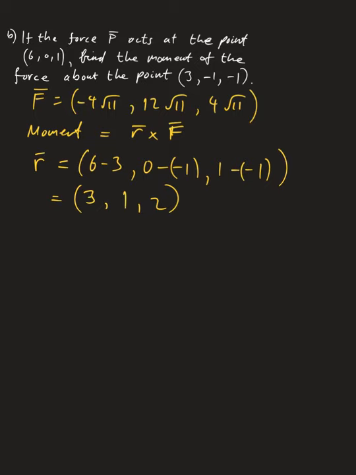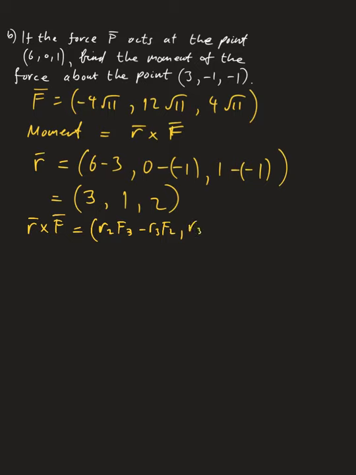Now the formula for r cross f, you can get it in the notes for a cross b, but it's going to be r2 times f3, the second element of r and the third element of f, minus r3 f2, that's the first element of the cross product, which is a vector.